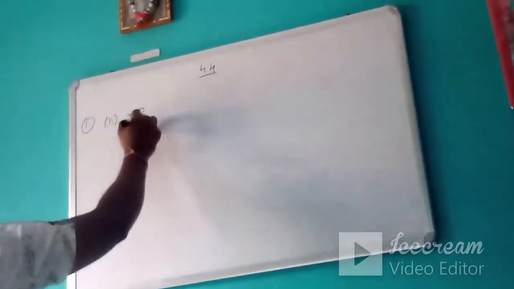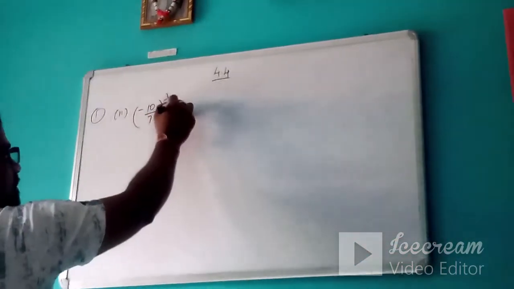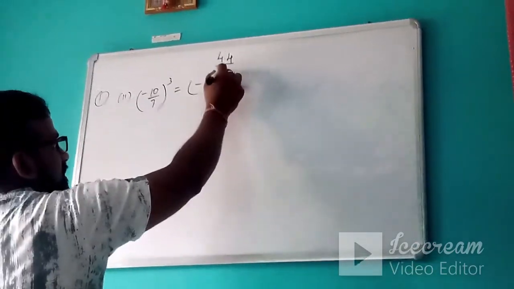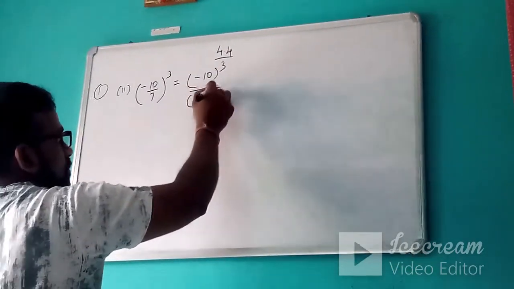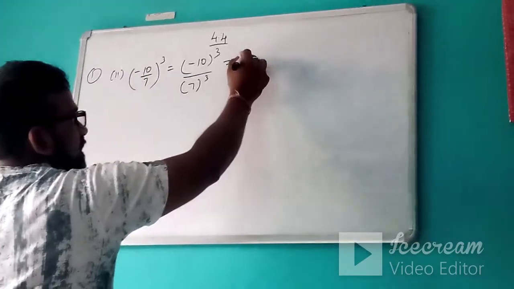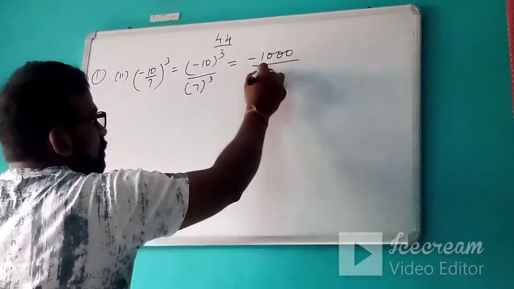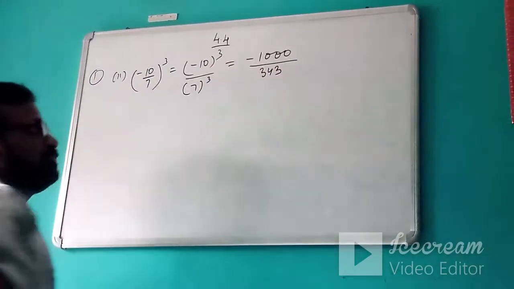Last exercise of this chapter. In this we have to find the cube of rational numbers. Suppose a question is like this, minus 10 upon 7. We have to find the cube of this. So we will write it like this, minus 10 cube upon 7 cube. Then minus 10 cube is minus 1000, upon 7 cube, which will be 343.